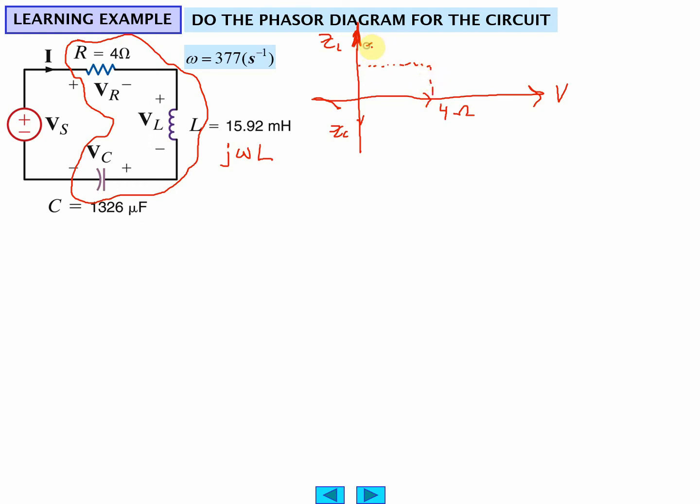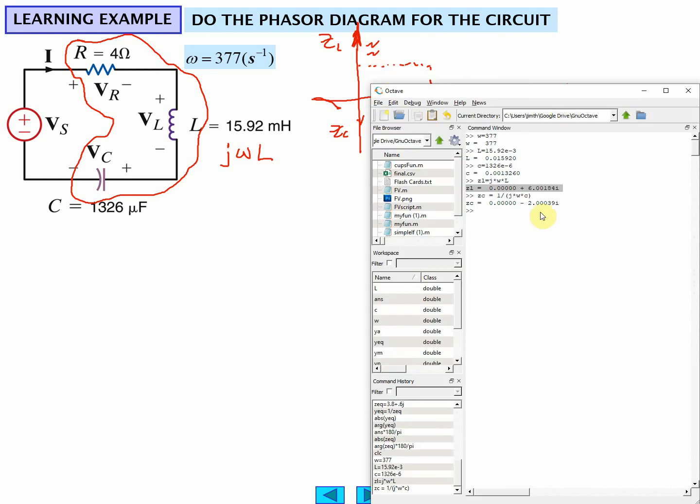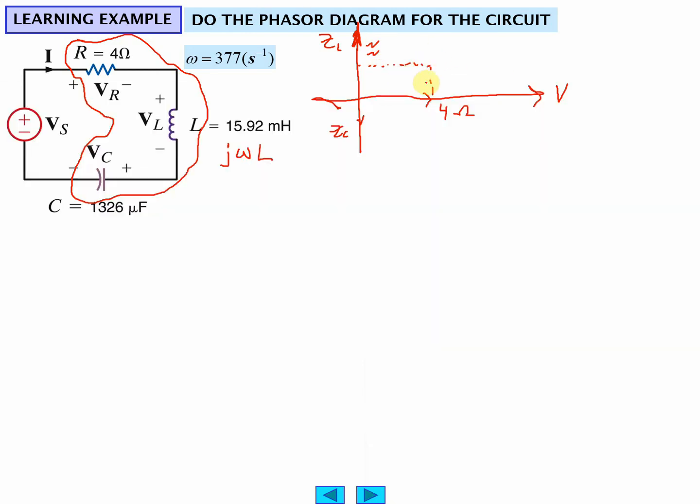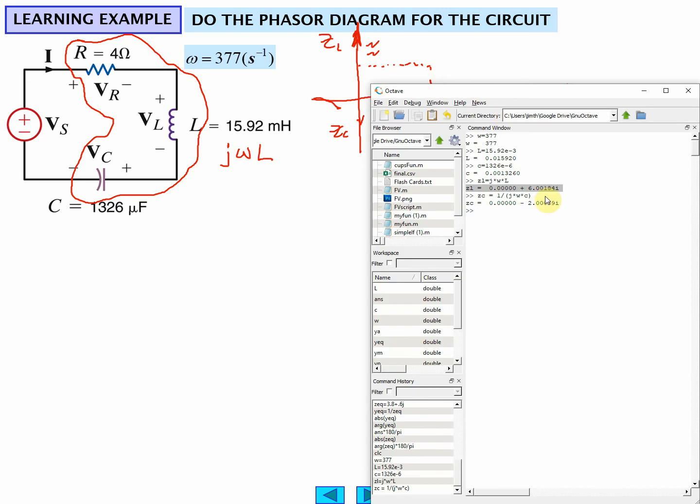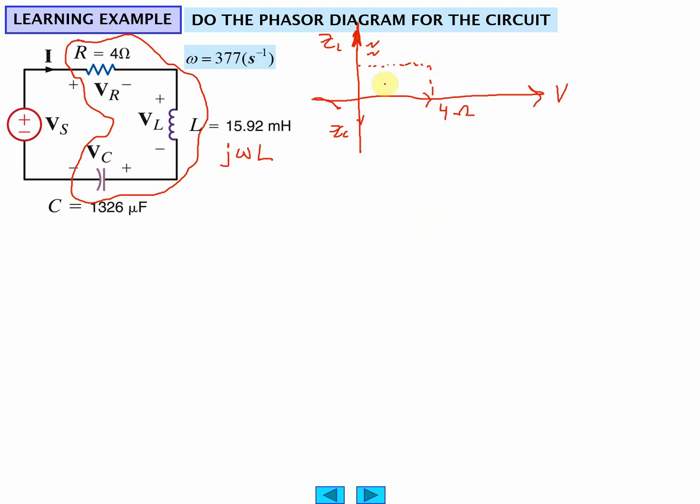This is approximately, did I say 3? Let's see. No, 4. Z sub C is 2, Z sub L is 6. So this is about 4, 4, and my scale is rotten. So this is more like it. This would be the Z equivalent.